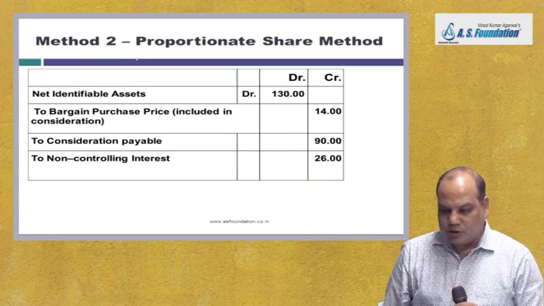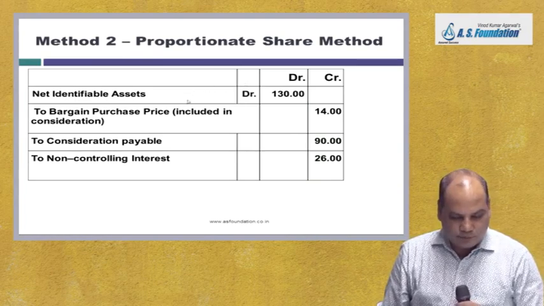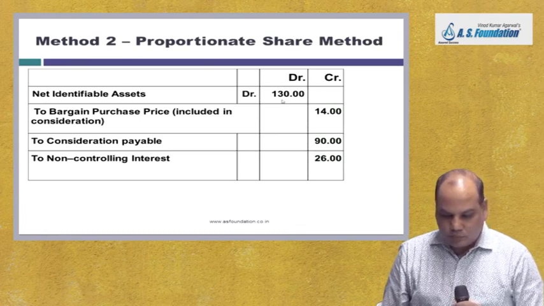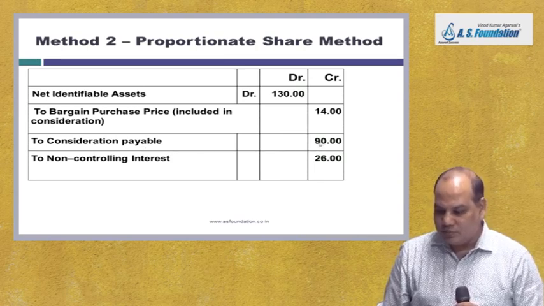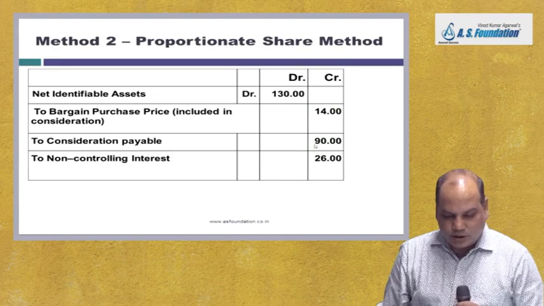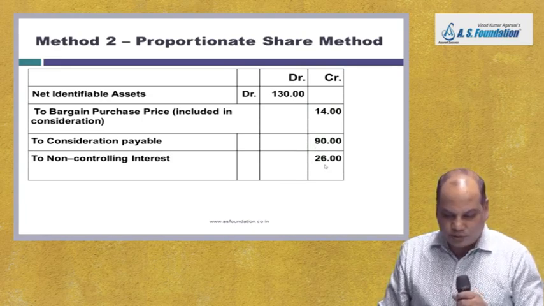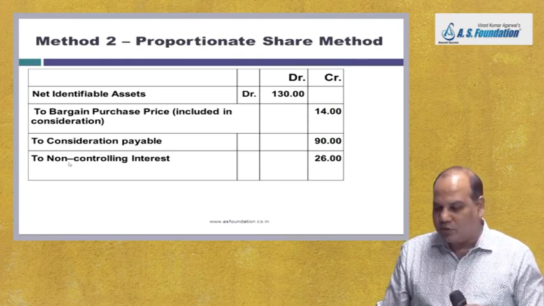And then write down method 2 also, proportionate share method. Come on, fast. Identifiable net asset account debit 130, to bargain purchase 14, to consideration payable 90, and to NCI 26. In the exam, don't write only NCI.